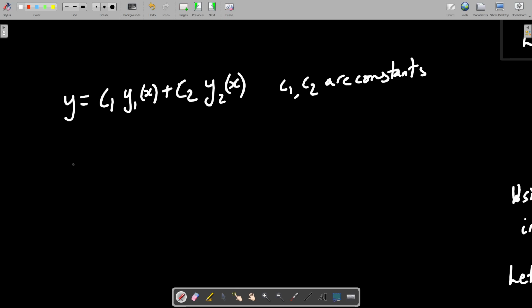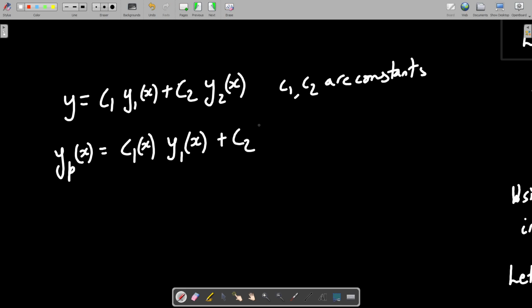Now, when they take the particular integral yp of x, they consider the function as c1 of x y1 of x plus c2 of x y2 of x.